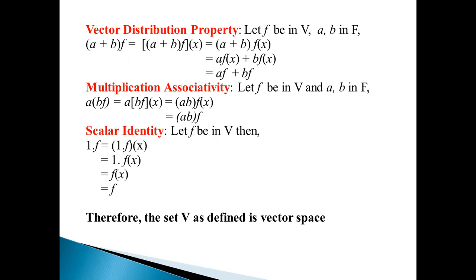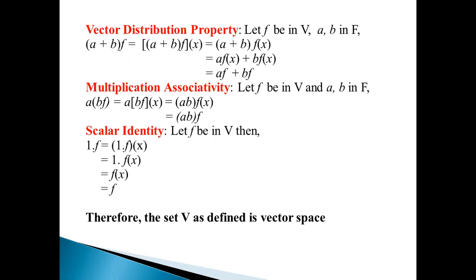Is it also possible to distribute a vector over the sum of two scalars? Yes, when you follow the definitions, you show that a plus b times f is the same as af plus bf.